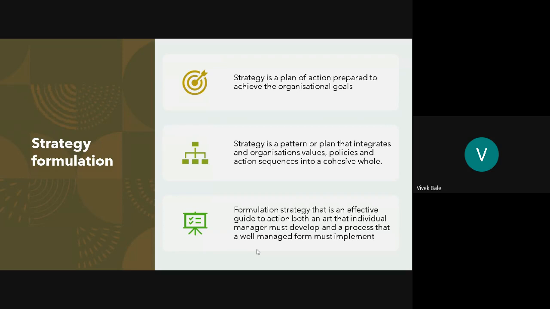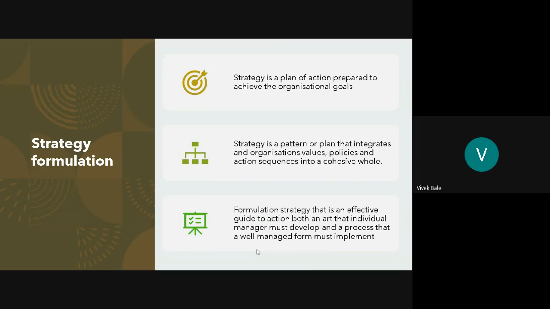When I say strategic plan, it means that the focus is intentionally given to the utilization of resources. You are not just planning, but focusing more on how you are utilizing your resources properly.